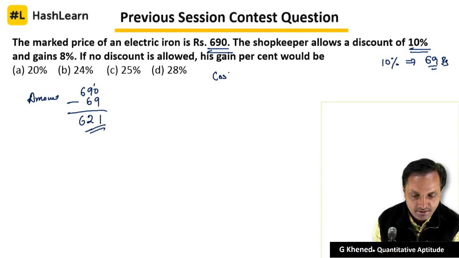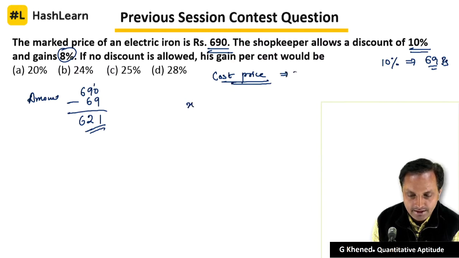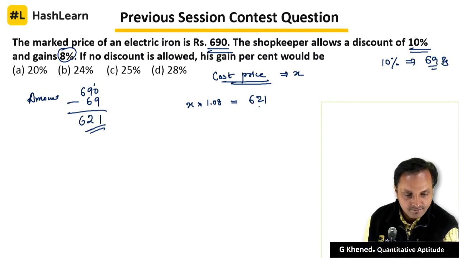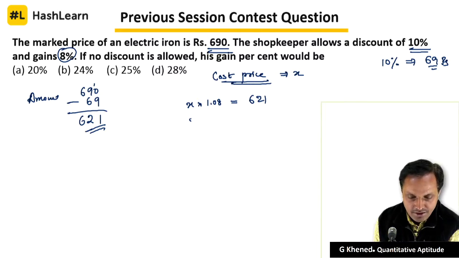Therefore, what was the cost price? Your cost price, if I take this as X rupees, gains 8% is X into 1.08, that will be equal to 621. The shopkeeper allows a discount of 10% and gains 8% is X into 1.08. So just do the simplification, that will give you X into 108 by 100 is equal to 621.